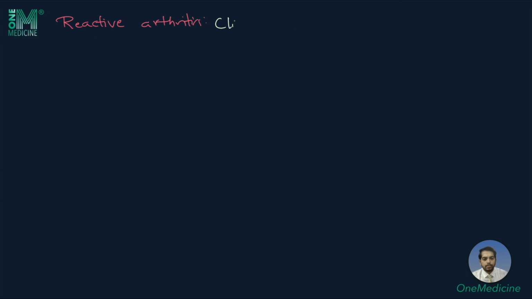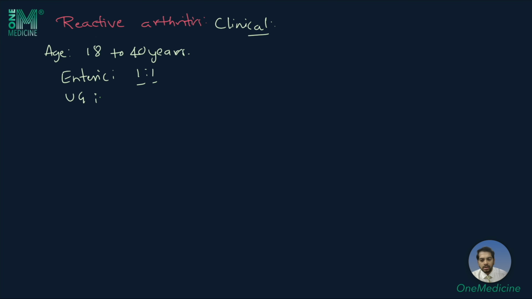Let's now look at some of the important clinical features of reactive arthritis. The average age of presentation is usually from 18 to 40 years. In patients with enteric infection, we see a 1:1 male to female incidence ratio, whereas urogenital infections are predominantly seen in young males.